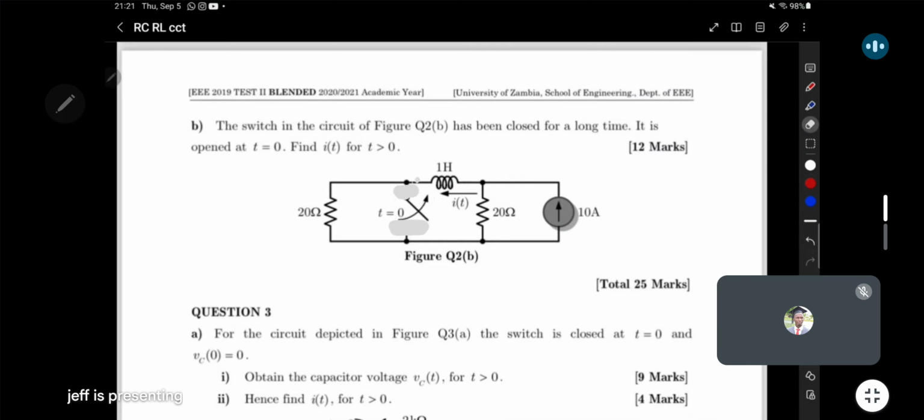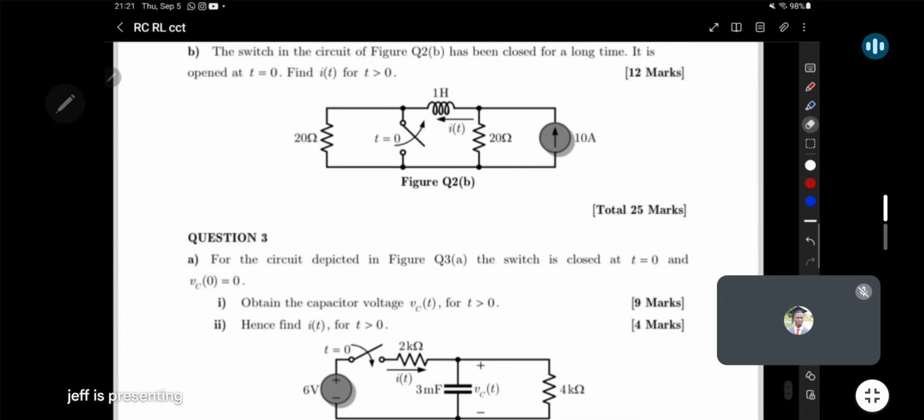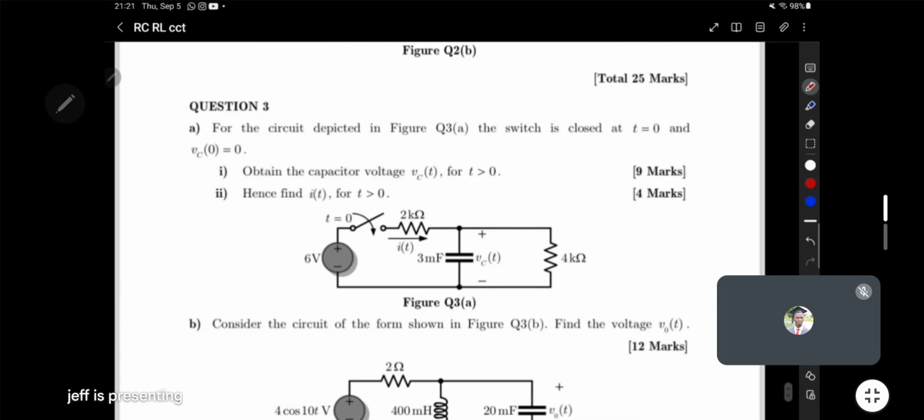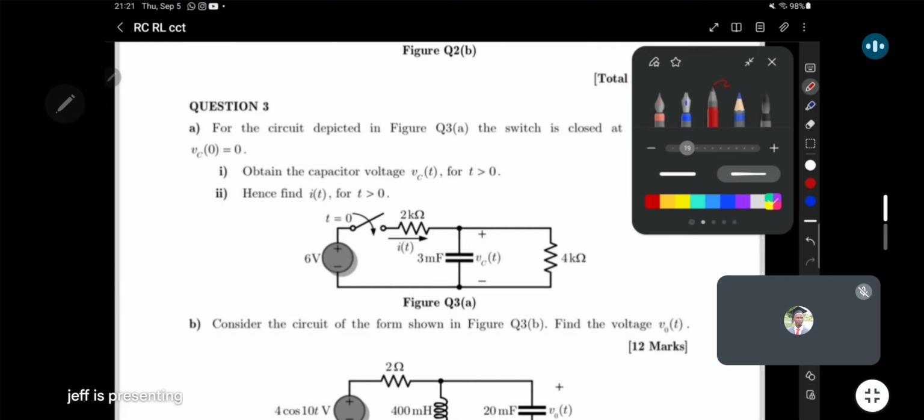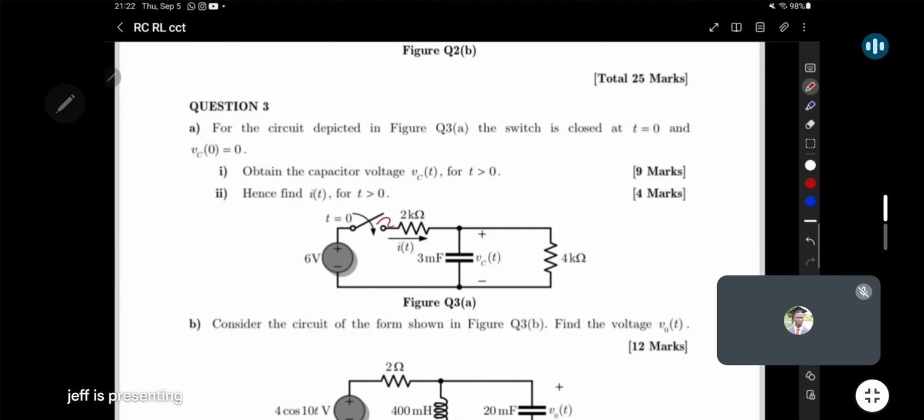In the same way, when you look at the one down here, what happens? Here, worse off, they're saying that initially the switch is opened. So again, pay attention to the action of the switch. Initially, the switch is opened. But at t equals 0, this is simulating that the switch will be closed. Now, what do we see?